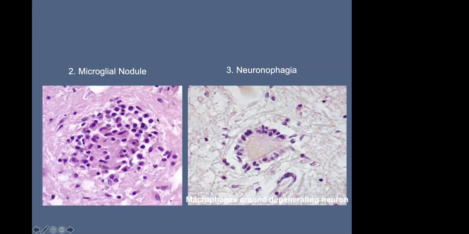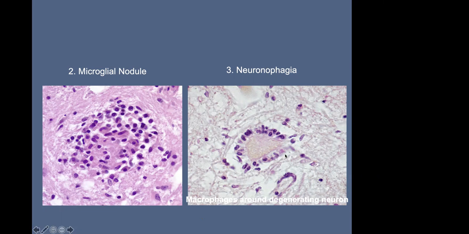The second pattern is that the microglia in the brain become active and they try to control the virus in areas of the brain, and that's how these microglial nodules are produced. They actively scavenge the virus also. So microglial nodules, and then the other phenomenon is interesting.